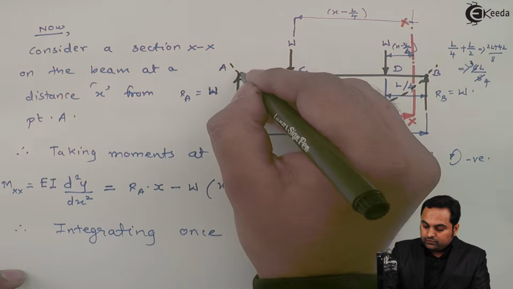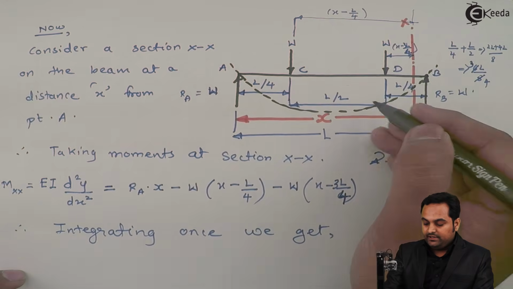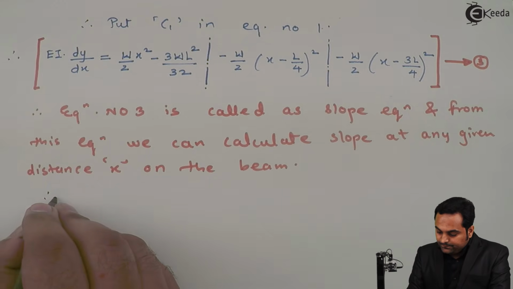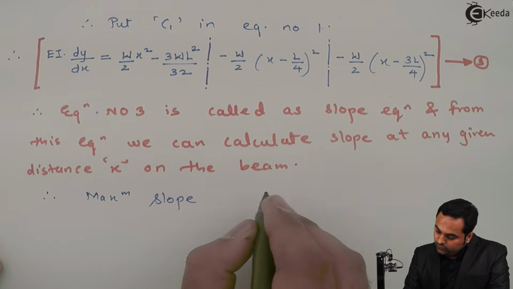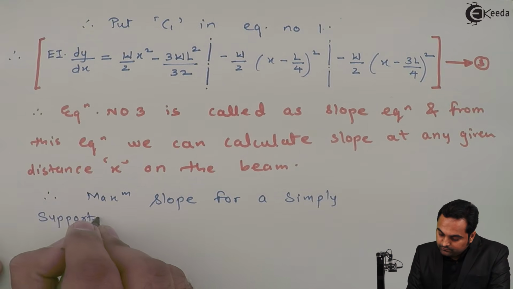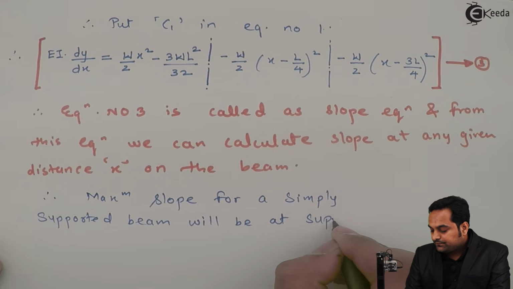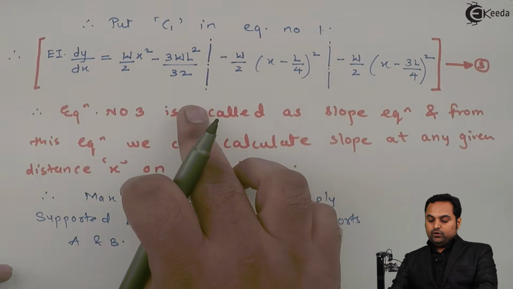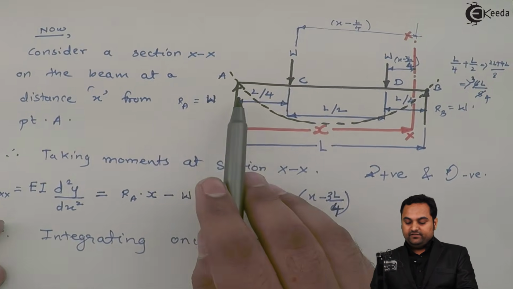So the slope is maximum for a simply supported beam at the supports, that is at A and B. Therefore, the maximum slope for a simply supported beam will be at supports A and B. So now I'll keep x is equal to 0 because at A we will get the value of slope.